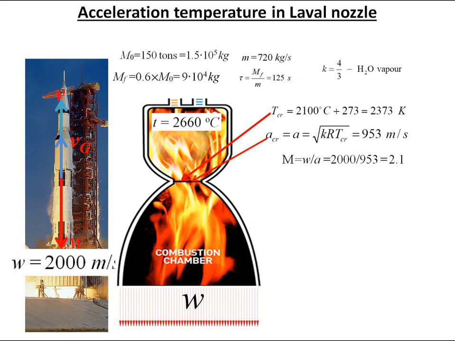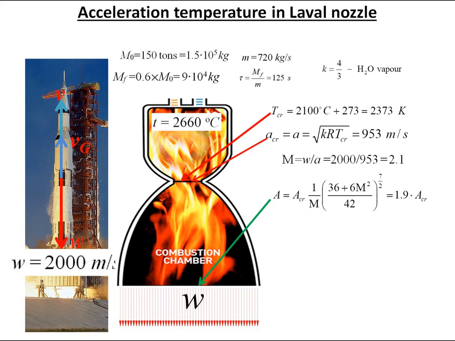The area at the exit from the Laval nozzle compared to the entrance area is equal to such a value. An exhaust velocity of 2000 meters per second is not a big value according to our calculation. Only we need to introduce a factor which does not allow the area to increase indefinitely.